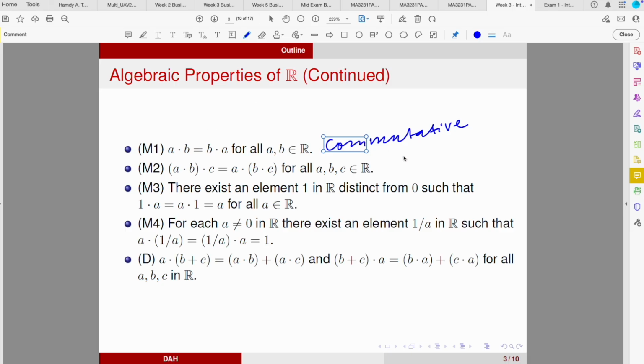This one is the associative property under multiplication. The third one is the identity or unity element under multiplication, because 1 times a equals a times 1 equals itself for every real number, including 0.